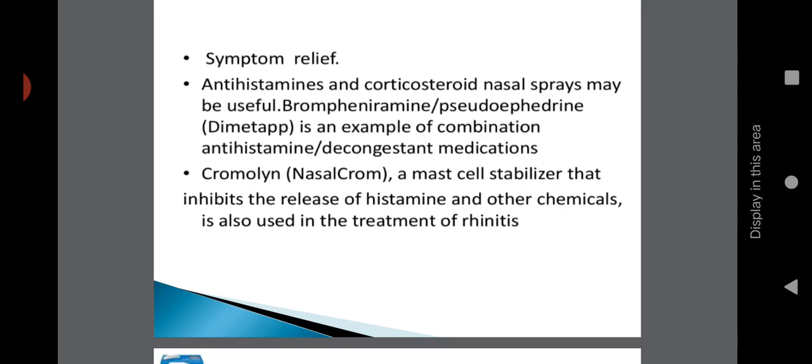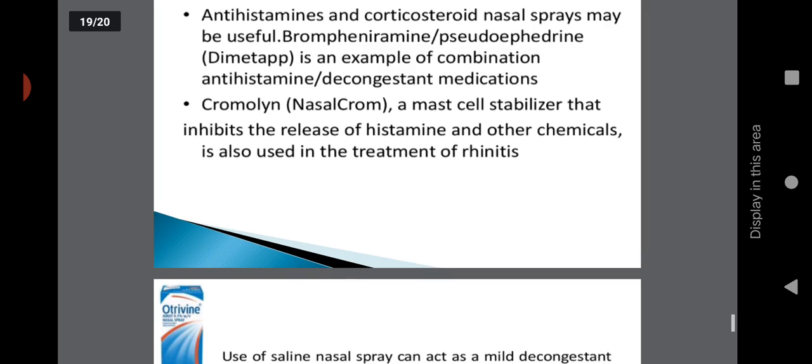So here it is a mast cell stabilizer that inhibits the release of histamine. Due to the mast cells in the nasal mucosa, chemical mediators are released. This medicine helps to inhibit or stop the release of chemical mediators, so the people will not feel any running nose, itching, and sneezing. It is a symptomatic treatment.